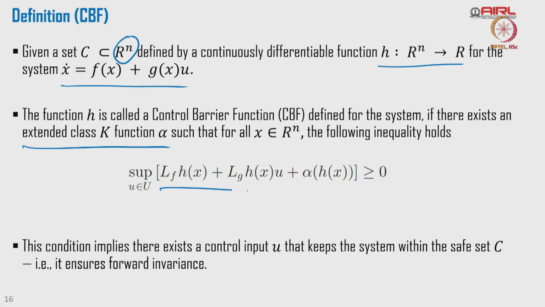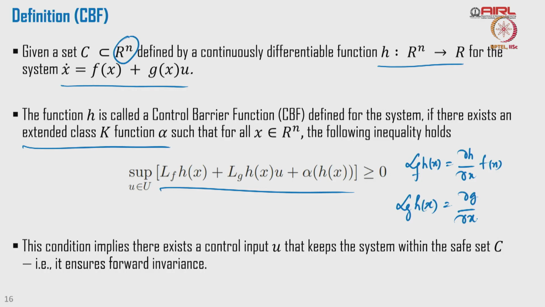So this actually specifies the rate of change of the system. When we talk about L_f h(x), it is actually del h by del x times f(x). When we talk about L_g h(x), it is del h by del x times g(x).